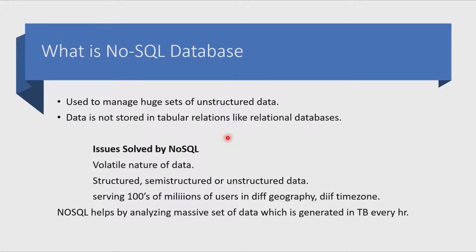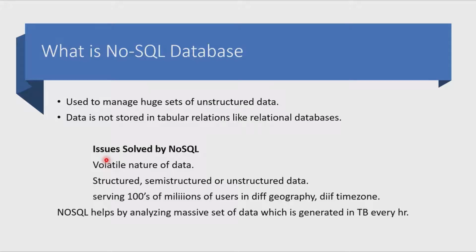So what are the issues solved by the NoSQL database? When the amount of data is massive and it is volatile in nature. Let us have an example. Let us say that there is a student table in RDBMS and it has two columns, student name and roll number.